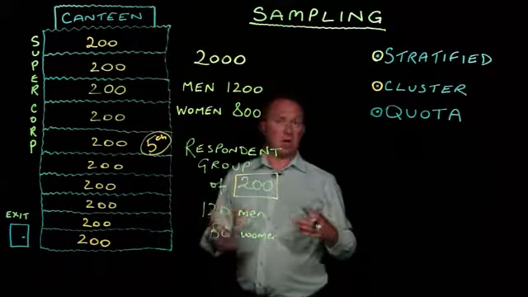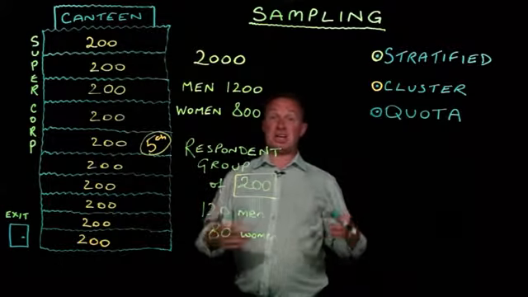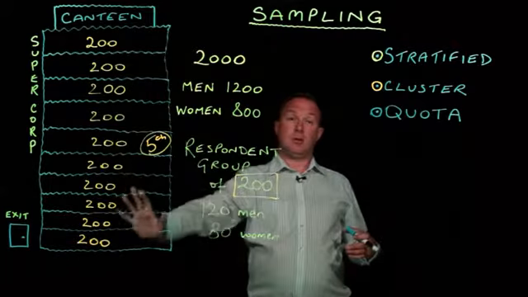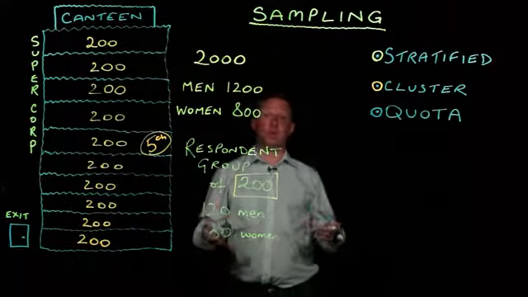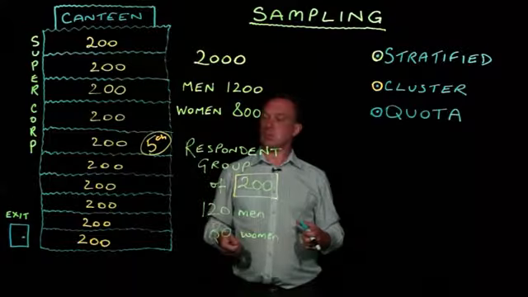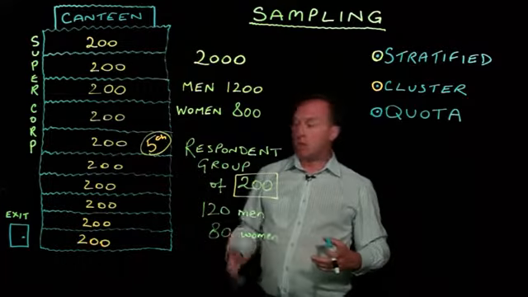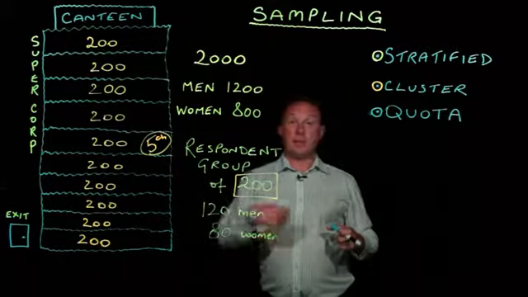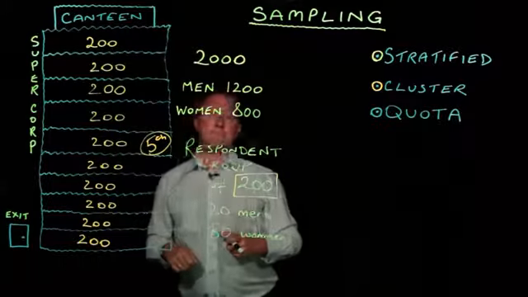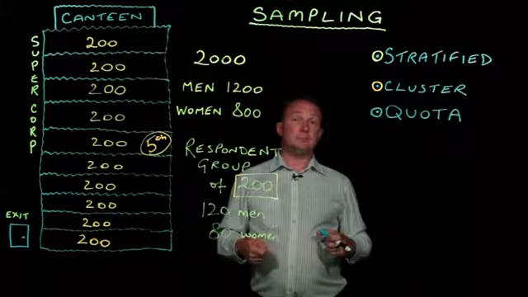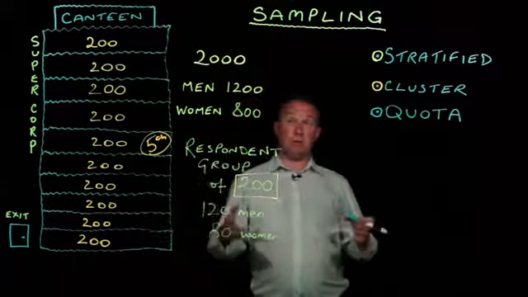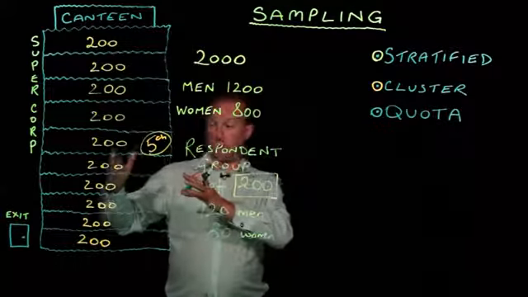However, I want to include a certain group within that organisation, within the respondent group. So maybe a nice way to do that would be to wait outside the exit as everyone's going home and hand out some questionnaires. I could do that, and it would be relatively random. There's no reason to suggest people that like a certain sort of food leave earlier.